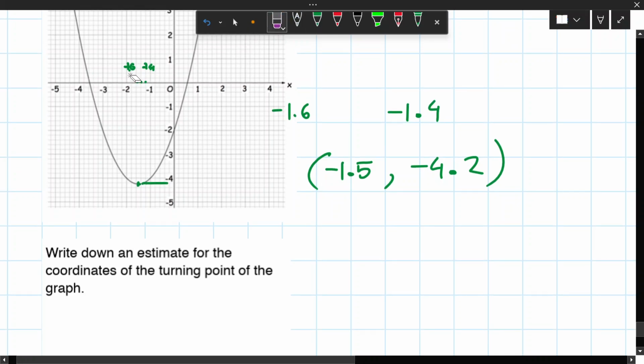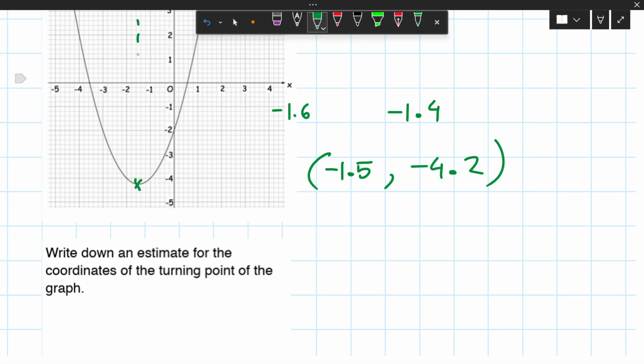Now if you draw a mirror line of the graph, the technique is the mirror line would exactly pass through the turning point of your graph. So the mirror line would also cut the x-axis at the point minus 1.5. So I know minus 1.5 is the key number because it is cutting the x-axis.